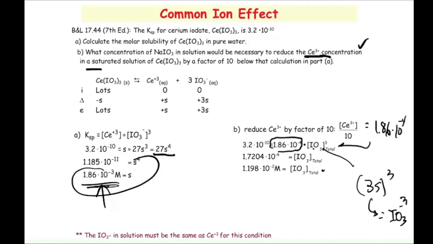It just so happens that 3S comes from the fact that this chemical, when it dissolves, spits out 3 iodate. So you have to make sure that's clear in your mind, because you can't put 3S in there and make it more confusing for yourself. Put the iodate, because that's the equilibrium concentration.